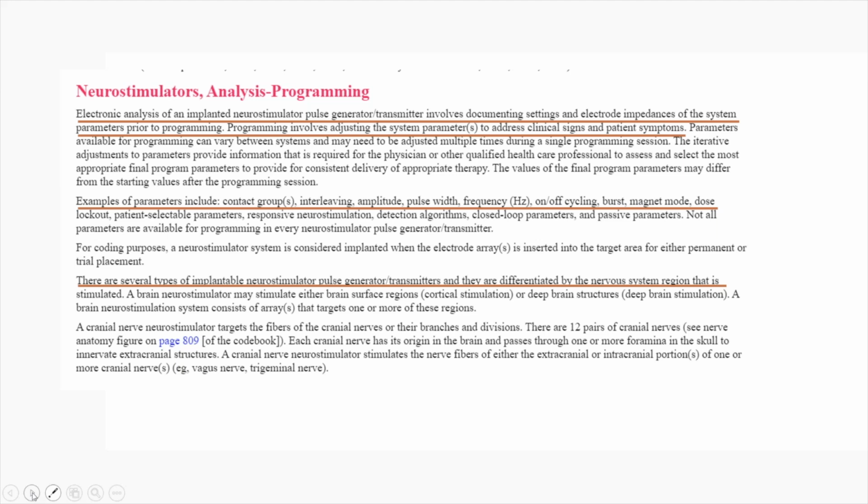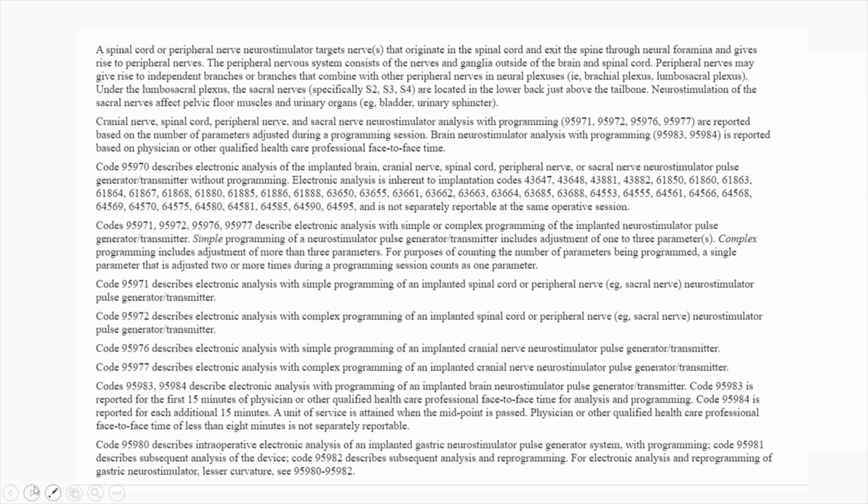If they are located in the deep brain structures, it is called a deep brain stimulator. If it is located on the surface of the brain, it is called a cortical stimulator. If it goes to the cranial nerves, we call it a cranial nerve stimulator. So based on this location, we will name them.